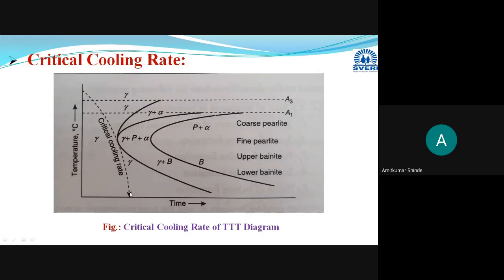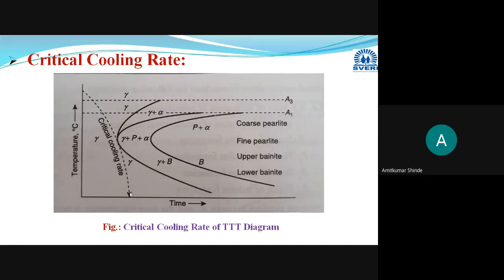This critical cooling rate depends on the percentage of carbon as well as the percentage of alloying elements. As the percentage of carbon and alloying element is more, this critical cooling rate will decrease.